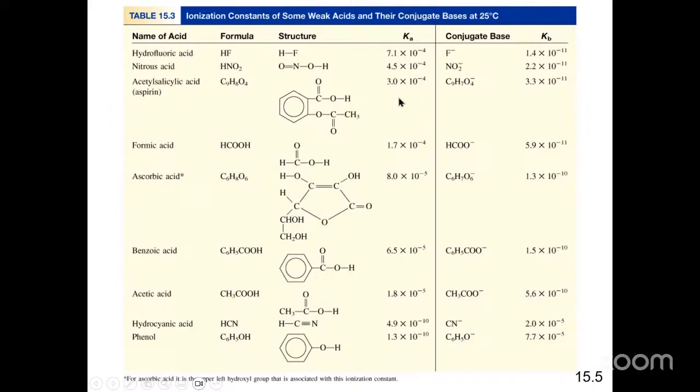And pretty much all I'm going to say here is reiterate what I said earlier. The higher the Ka value in terms of magnitude, the stronger the acidity of that particular acid. So for example, if you compare hydrofluoric acid and nitrous acid, you'll see that hydrofluoric acid has a Ka value which is higher compared to the Ka value of nitrous acid, and therefore we can conclude that hydrofluoric acid is a stronger acid.